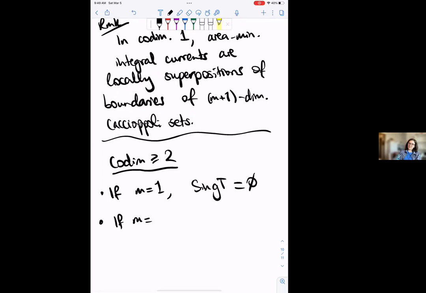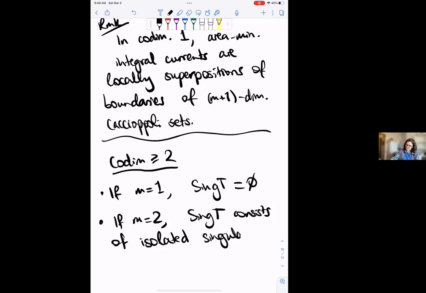If m is 2, the singular set is discrete, consisting purely of isolated singularities.